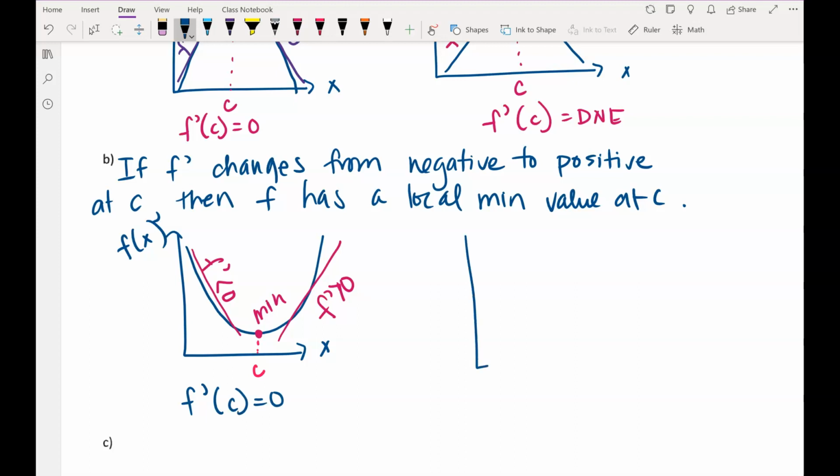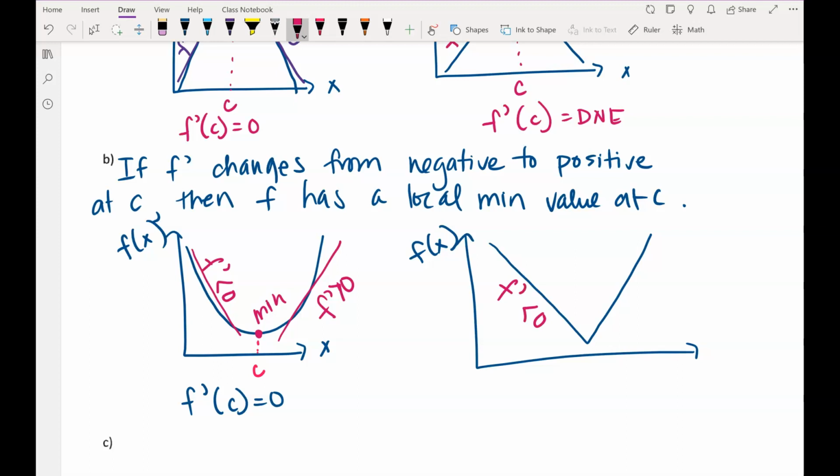Now on the right, similarly to the derivative at C doesn't exist, I can easily make an upside down v, and as you can see, make sure we label this as a function of f, not f prime. Okay, so on the left side, f prime is negative, right? The slope of that's negative. On the right side, f prime is positive.